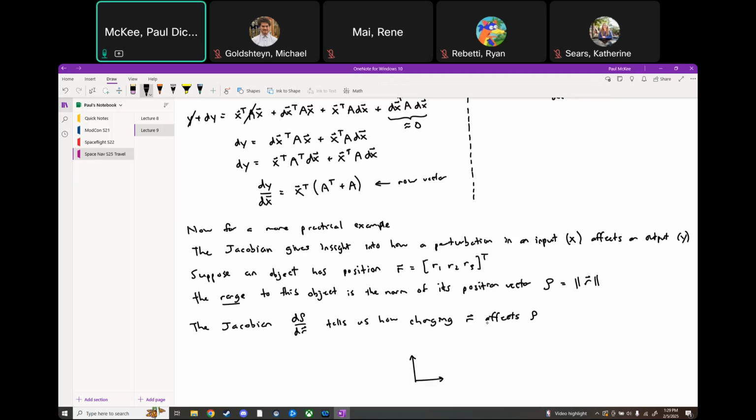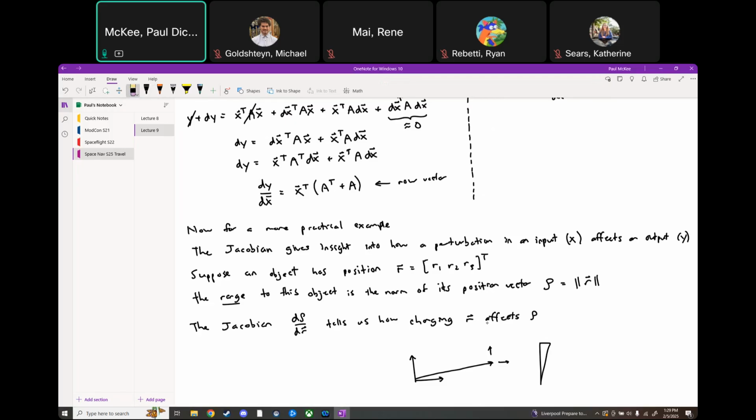If you've got some vector that looks like this, so it's got some X component, some Y component, and you increase its value just a little bit in Y, it's going to have about the same length as it did before, right? Because whenever you have a very slender right triangle, the hypotenuse and the long leg look about the same. So changing in Y doesn't really change rho that much, but changing in X, you're basically just stretching it out directly. So if the vector R is almost entirely along the X direction, then rho would be more sensitive to changes in X than changes in Y. That's kind of the idea.